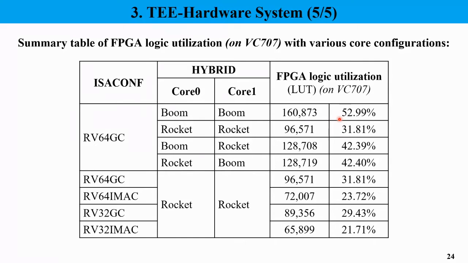The hybrid configurations with Boom and Rocket have roughly 40%, and the smallest hardware is 2 Rockets, which is roughly 30% of the FPGA. You can achieve an even smaller configuration using 2 Rockets in 32-bit mode, supporting only IMC extensions. That is roughly 20% of the overall FPGA.